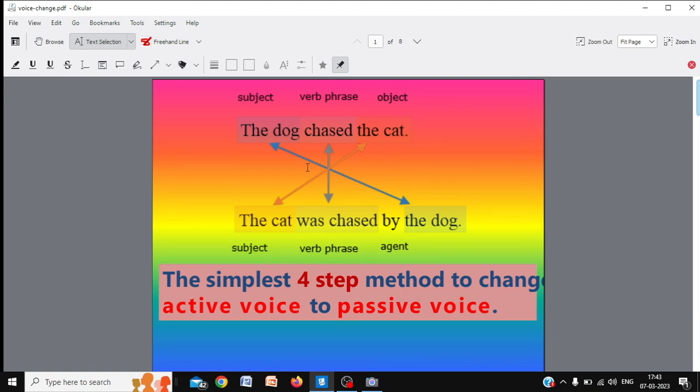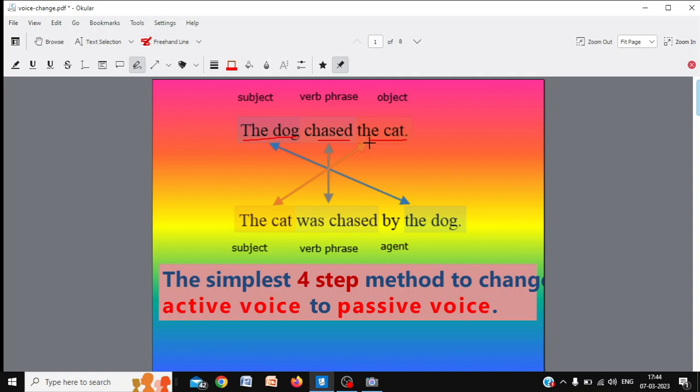Now take the sentence, the dog chased the cat. That's the sentence we have in active voice. Here we have the dog as a subject, chased as a verb, and the cat as the object.